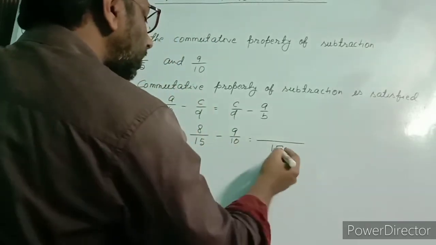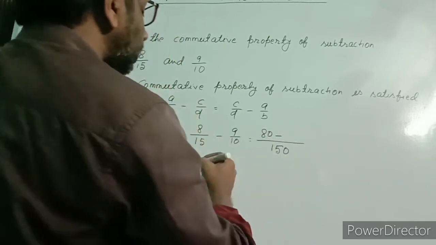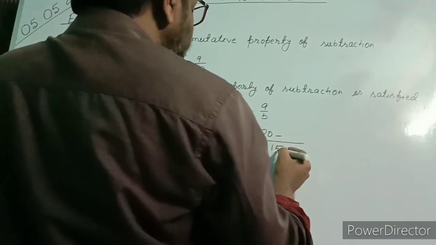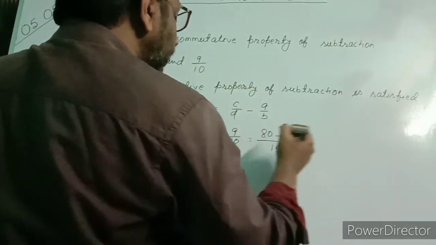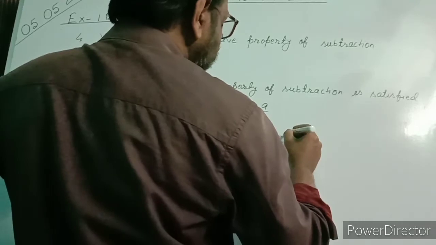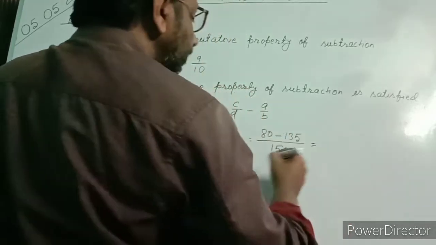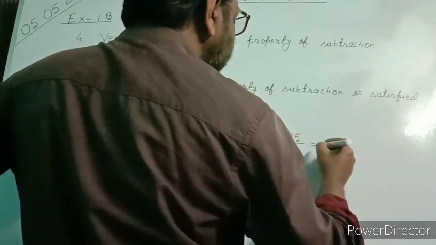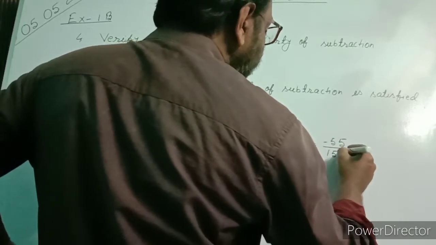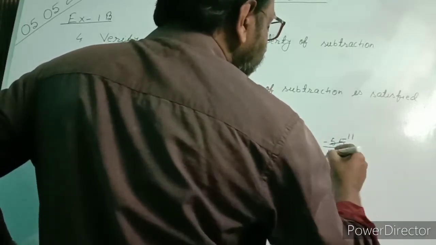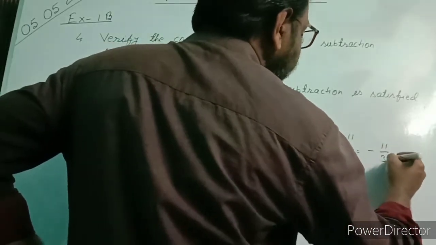Divided by this denominator we got 10 into 8, 80, minus we divided this by this, 15 into 9, 135, which is equal to minus 55 by 150. If we simplify it, it became minus 11 by 30.